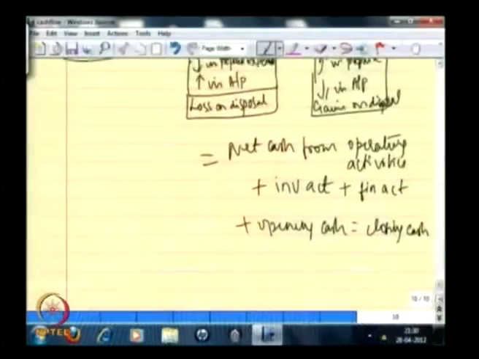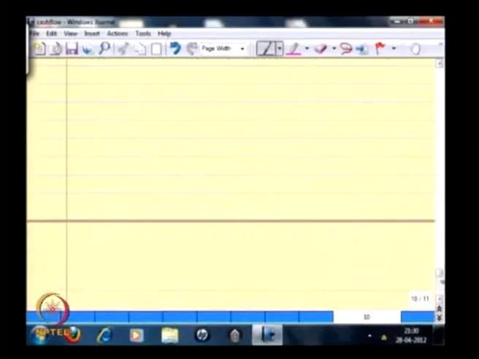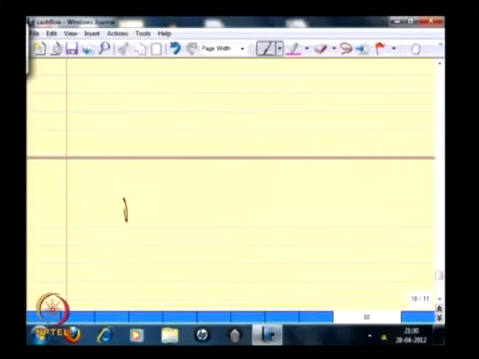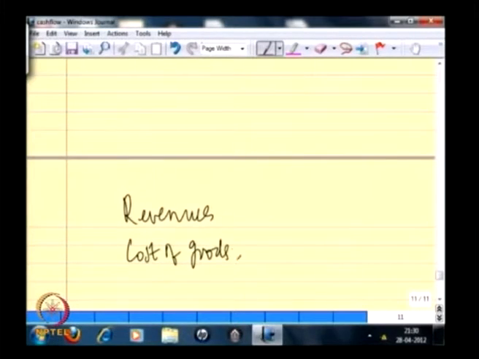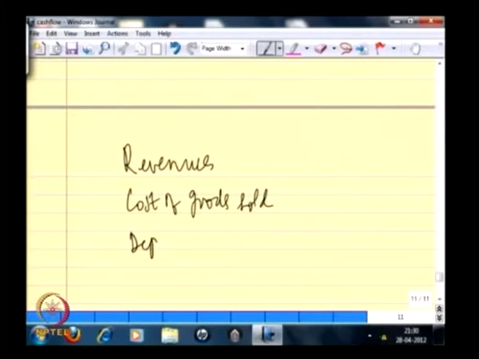The first thing is the principle of recording revenues, and these 3 that I will be handling today will be the revenues, the cost of goods sold and depreciation.